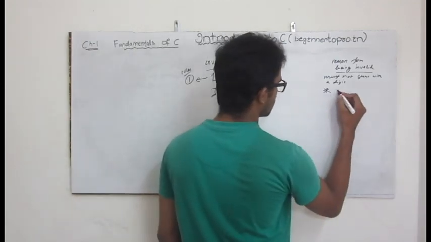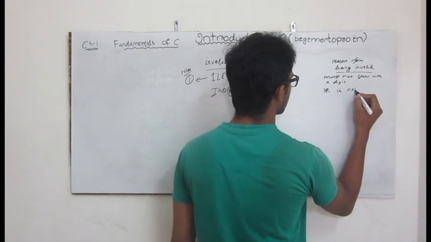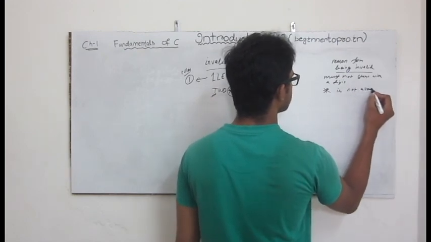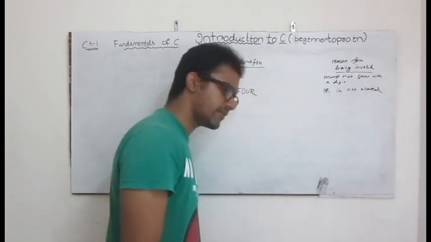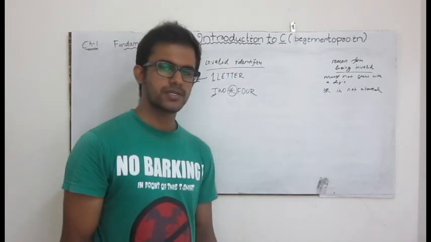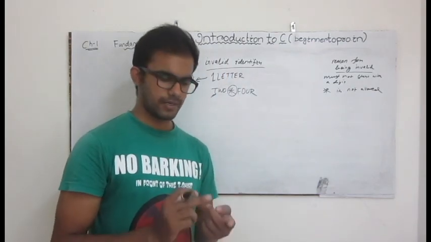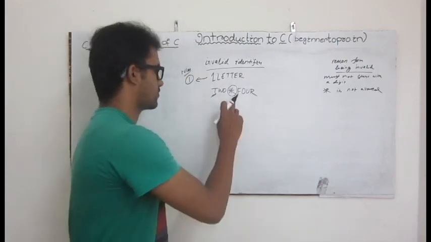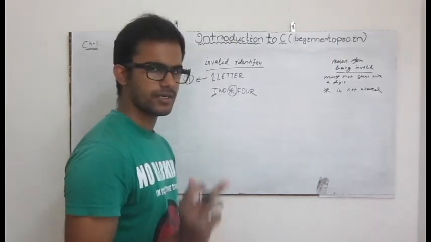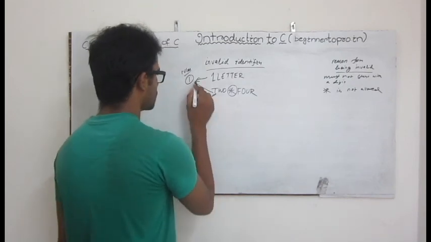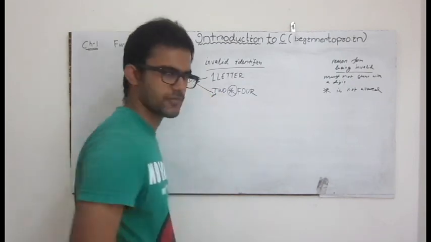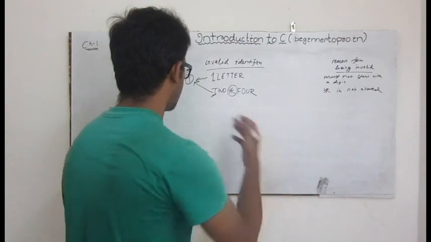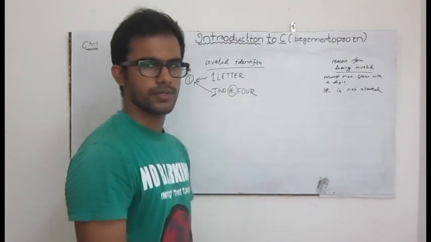The star is not allowed because an identifier must consist of letters, digits, and underscores. So it is not included in those. You can say that it belongs to rule number one only.